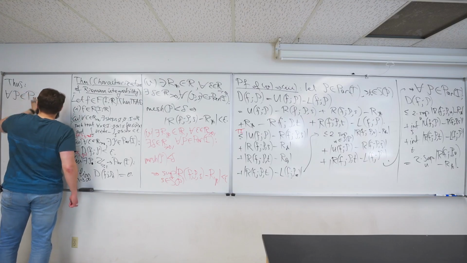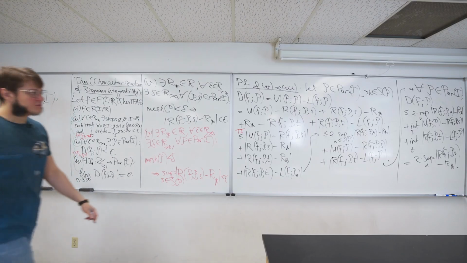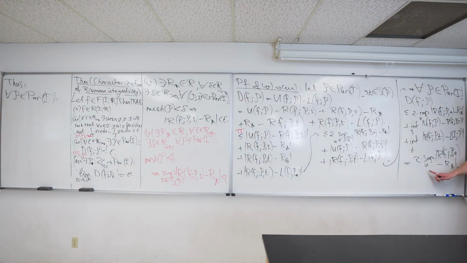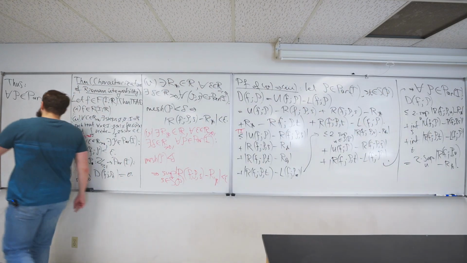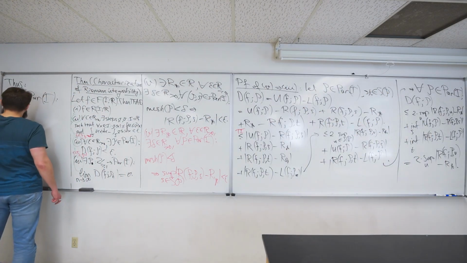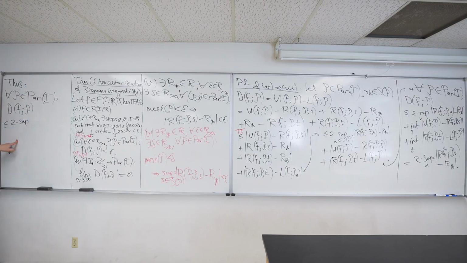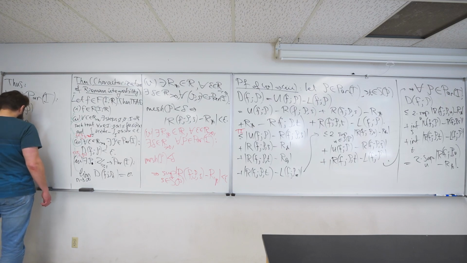For any partition P, the Darboux aperture is upper bounded by twice this expression as you vary the sampling function over the same partition. And in fact, instead of u there, I'd rather use s for sampling function.